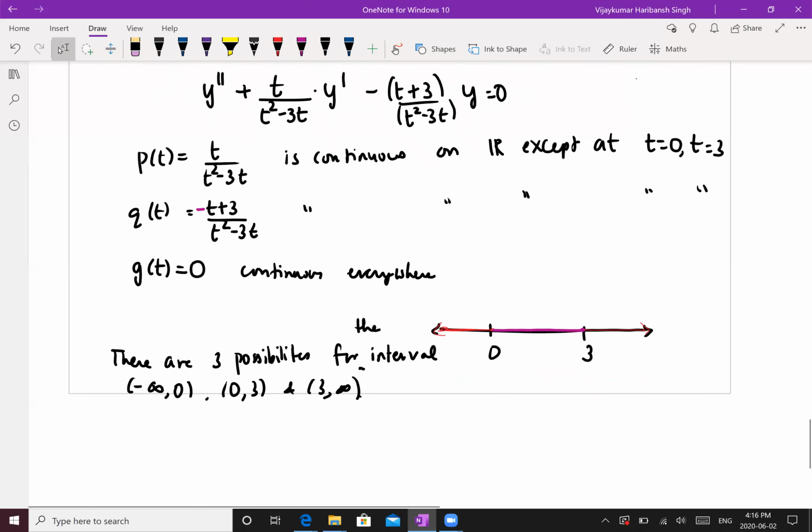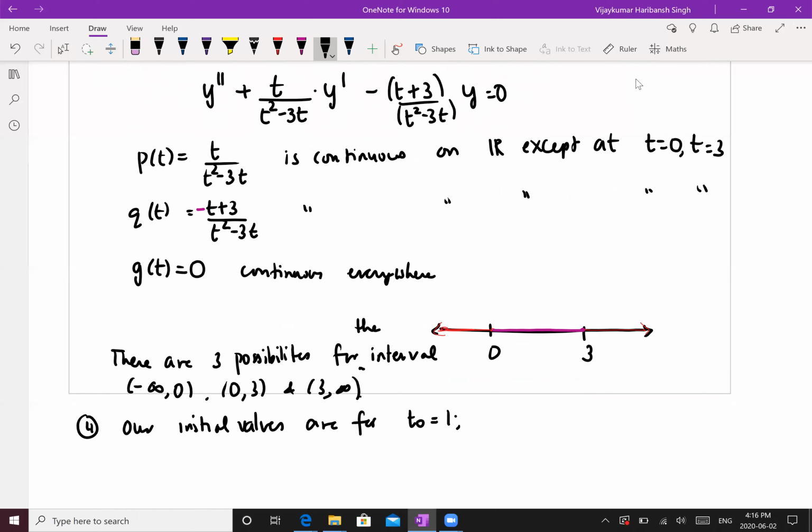However, you have to see where your initial values lie. For what value of t are the initial values defined? t0 equals 1.